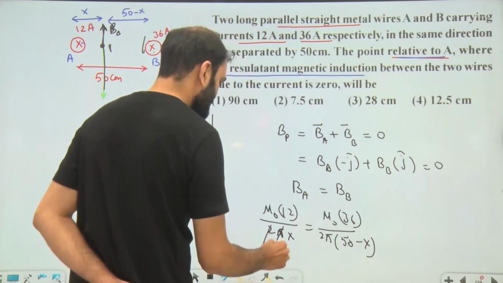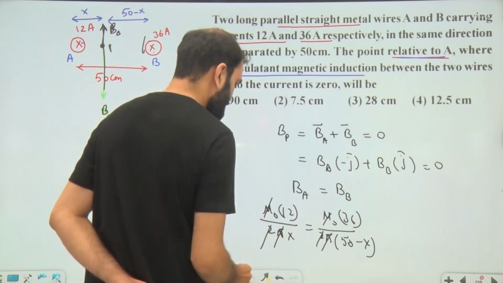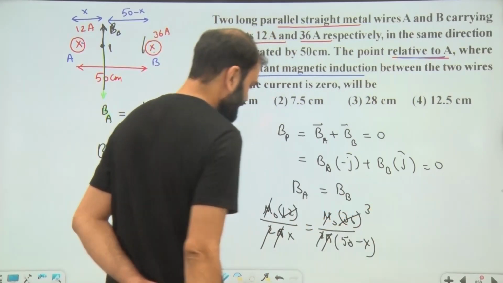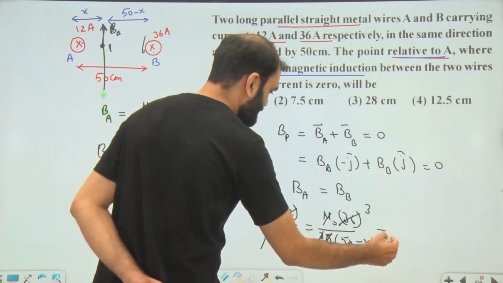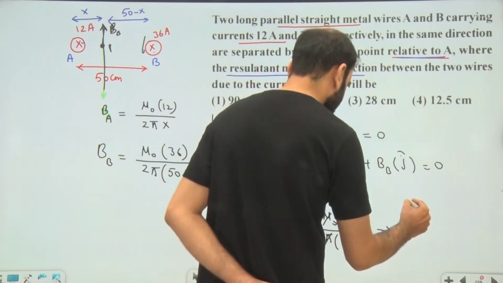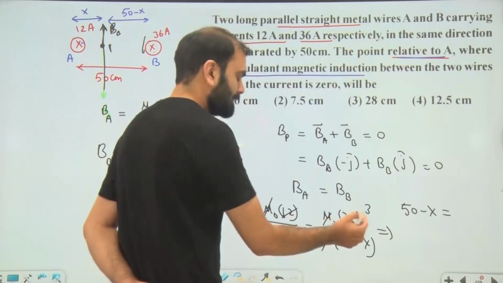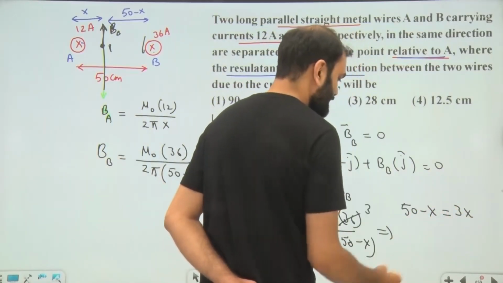Just cancel it out: pi and mu naught cancel out, and cancelling by 12, 3 times. Multiplying, 50 minus x will be equal to 3x.